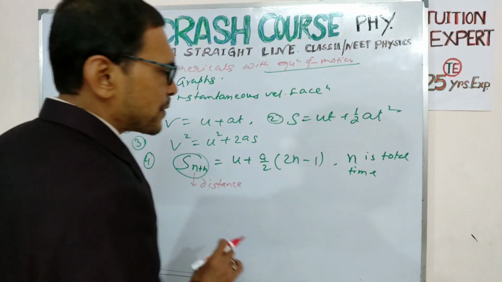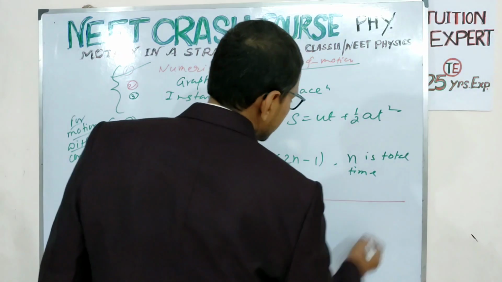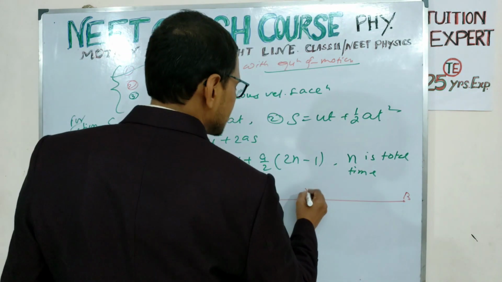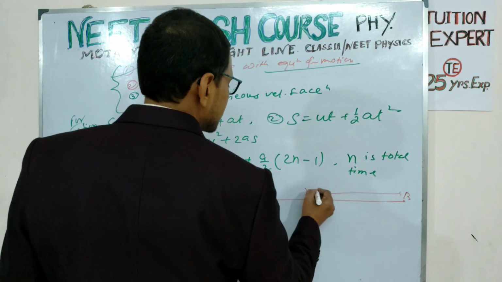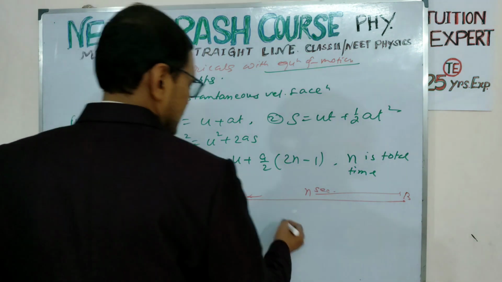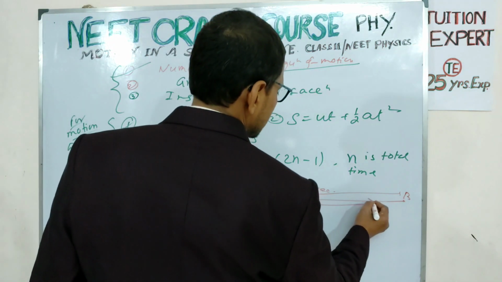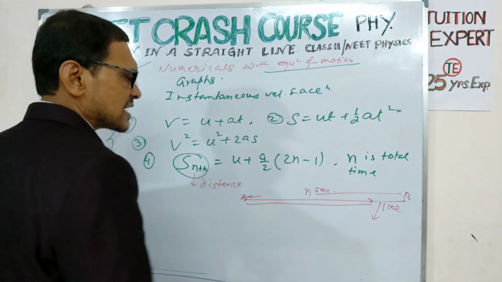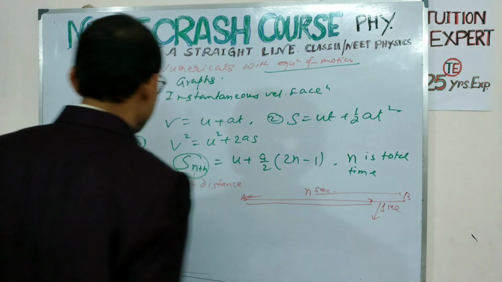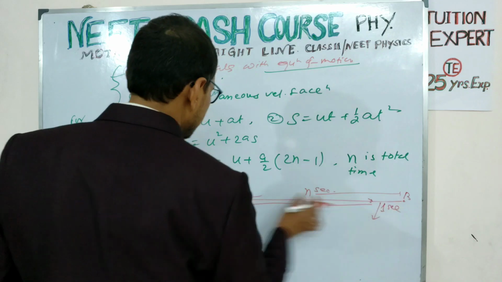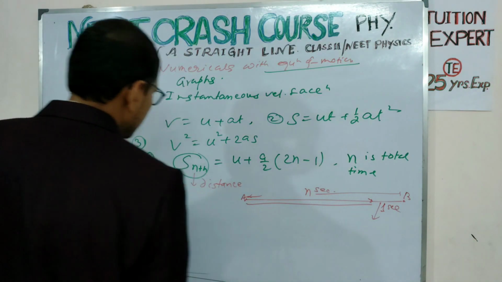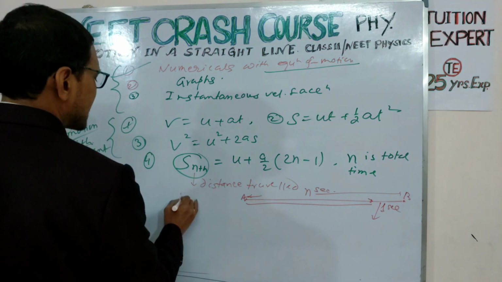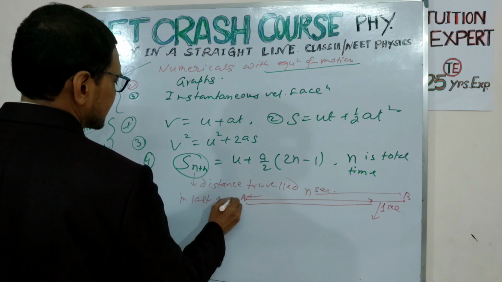If a body travels for n seconds, then the last 1 second, from n minus 1 up to n, is called the nth second. So the distance traveled in the last 1 second is Sn. This is the formula for it.